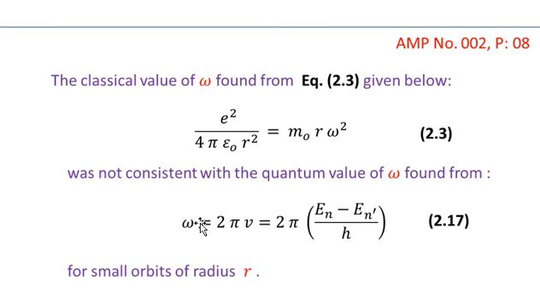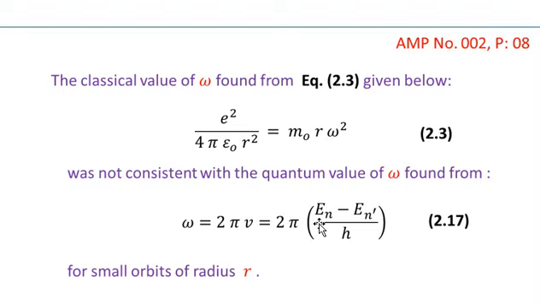So this is the expression of the angular frequency omega, and you know that the value of omega depends upon the discrete values of energies. So it means that omega, through these discrete values, has a fixed value for a jump from the state En to the state En prime, and it will not be a continuous parameter.